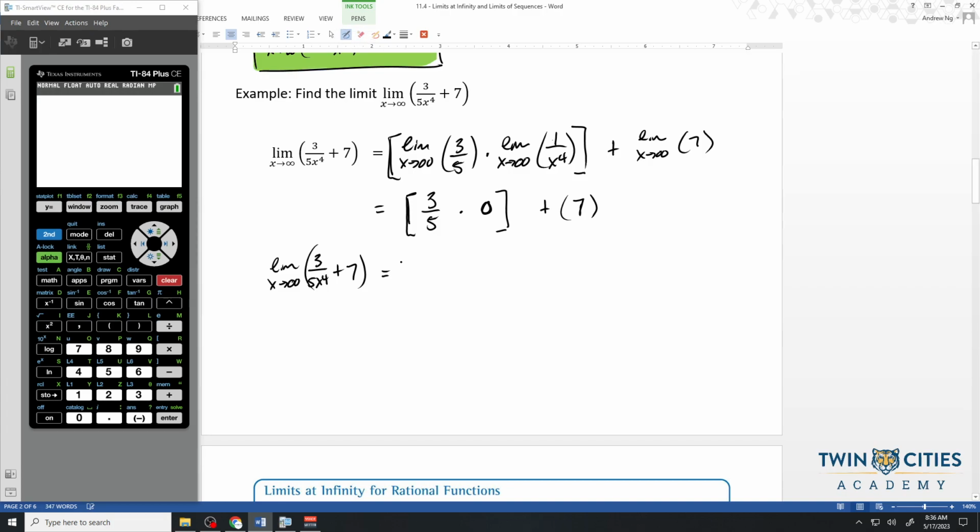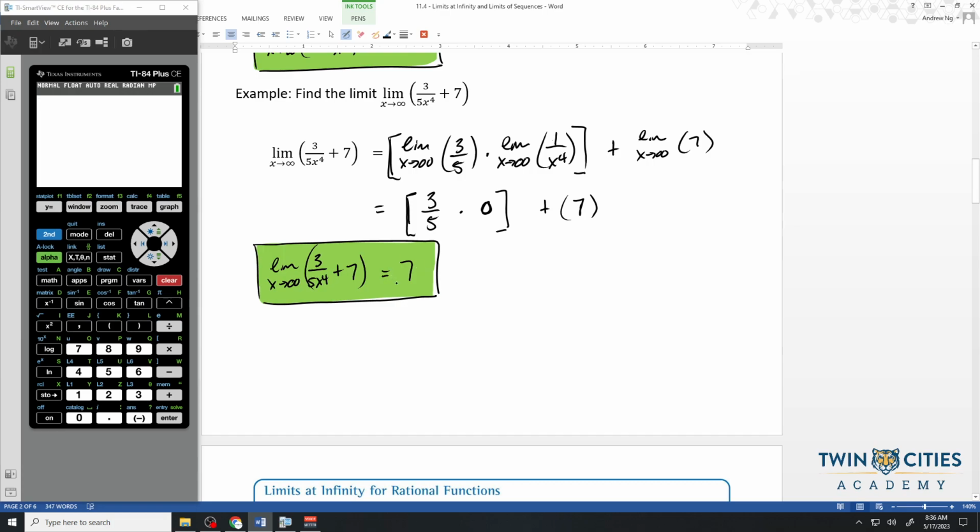And I could break it up like I did, or I could think about it just like I did at the end of the last one and say as x approaches infinity, x is going to get very, very large, which means that this fraction, 3 over 5 times a very large number at the bottom, as x gets bigger, this whole fraction would get smaller and smaller, all the way down to approaching 0. So then it would be 0 plus 7, just like I have here, which is just 7.